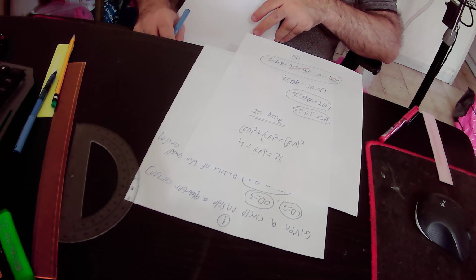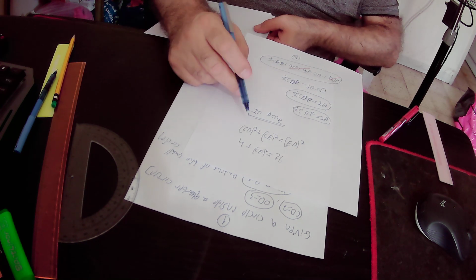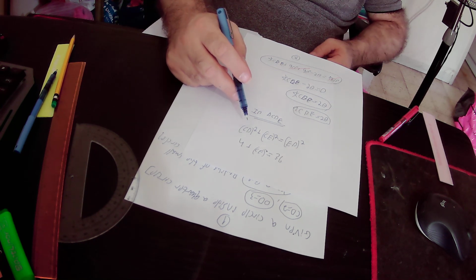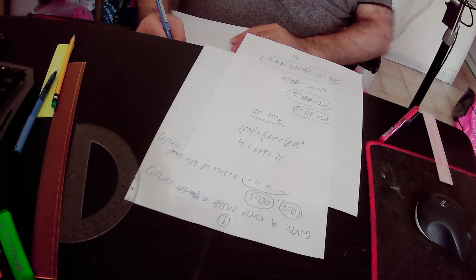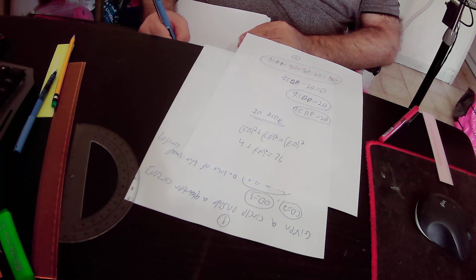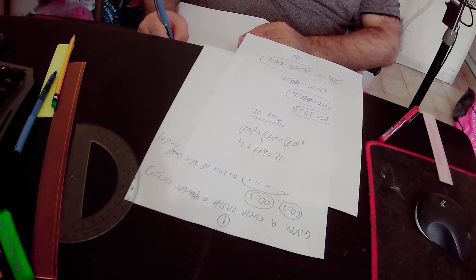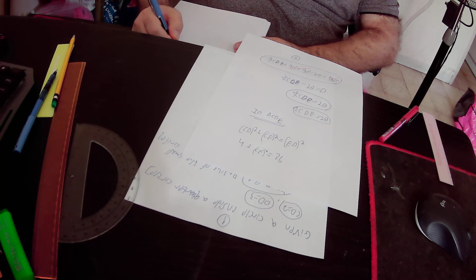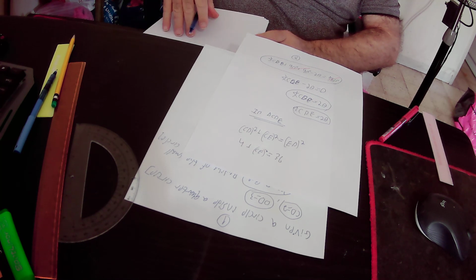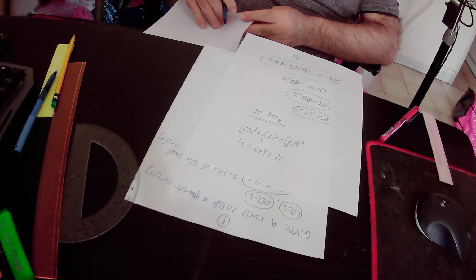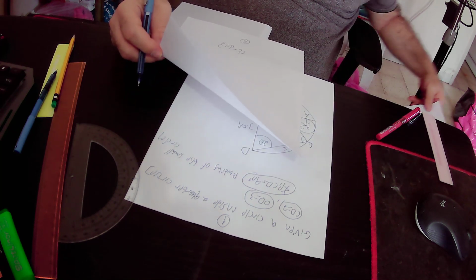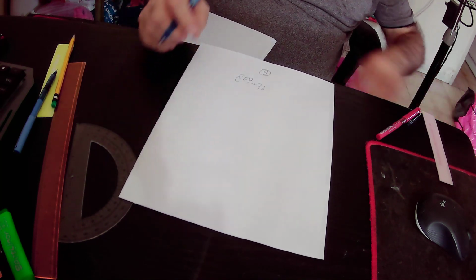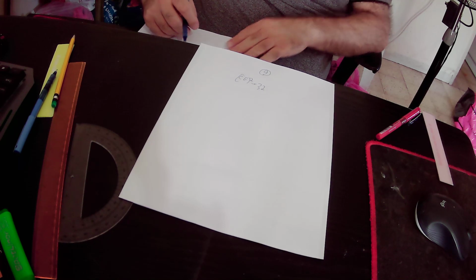Here we will subtract 4 from this equality and we will get that CE square equals 36 minus 4, which is 32. So we found out that CE square equals 32.